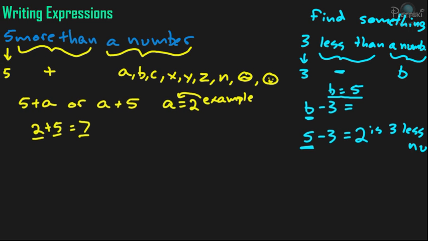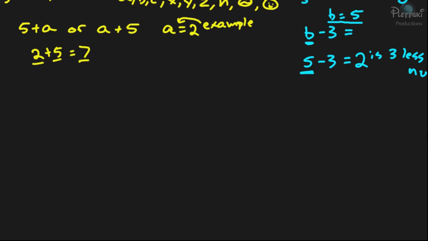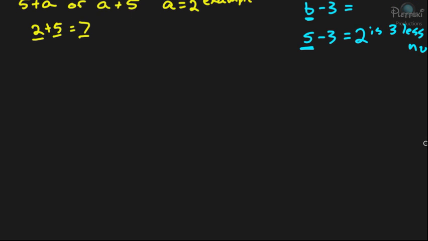Okay, now what if we had something that was multiplication? So a phrase that could be multiplication you could say times. So you could say, what is, say 3 times a number.